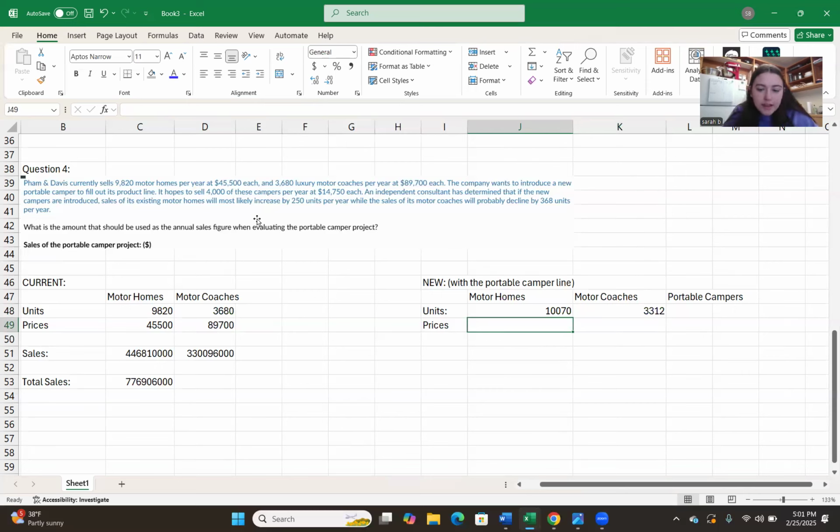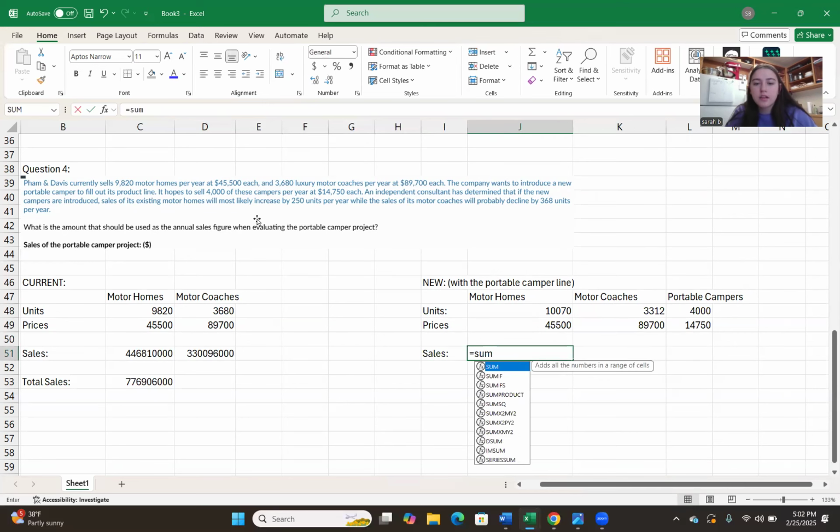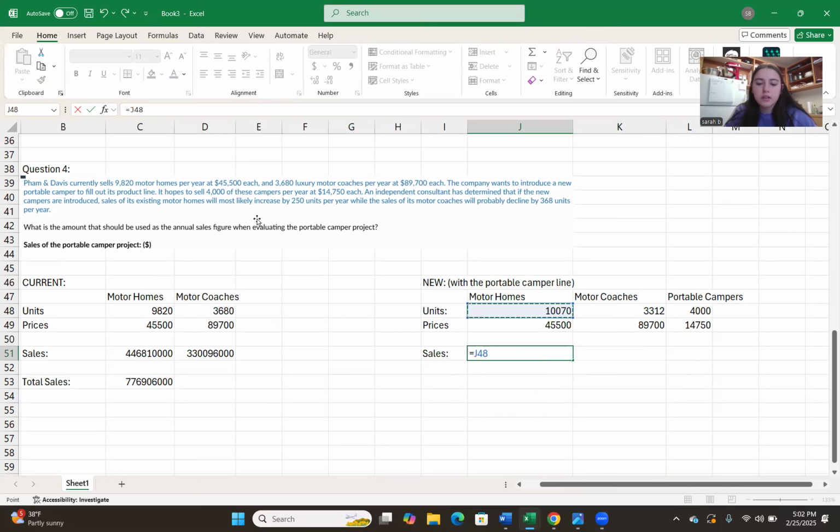The prices are going to stay the same. And then I've got my portable campers. They're wanting to sell 4,000 of these at 14,750. Okay, so I'll do sales here. Nope, equals.